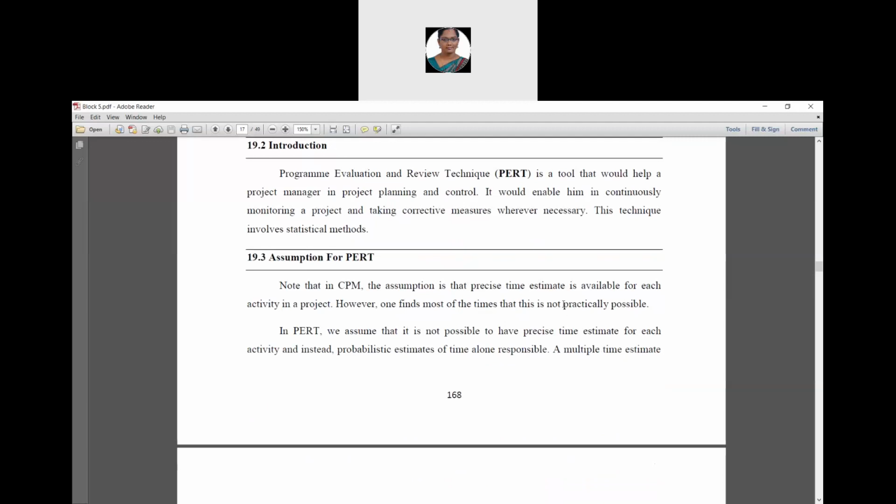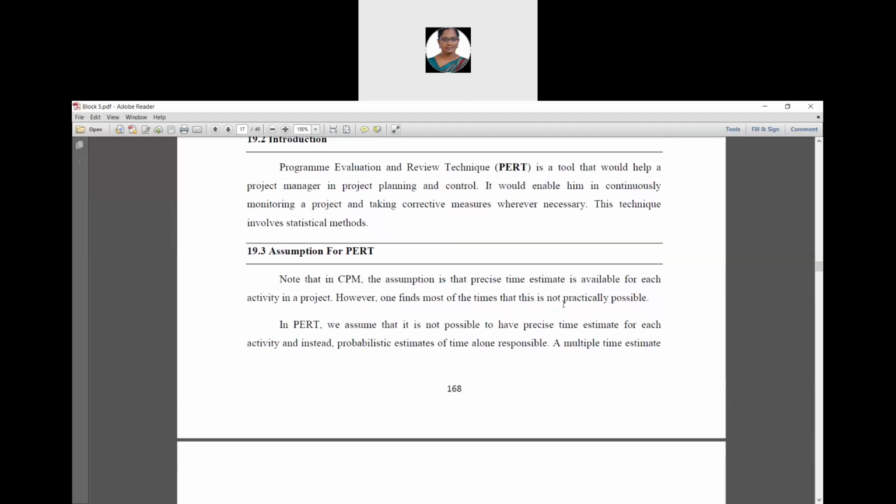In CPM, the assumption is that a precise time estimate is available for each activity in a project. However, one finds most of the time that this is not practically possible. Whereas in PERT, we assume that it is not possible to have a precise time estimate for each activity, and instead probabilistic estimates of time are used.